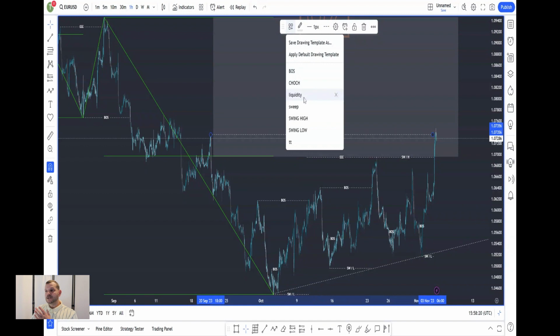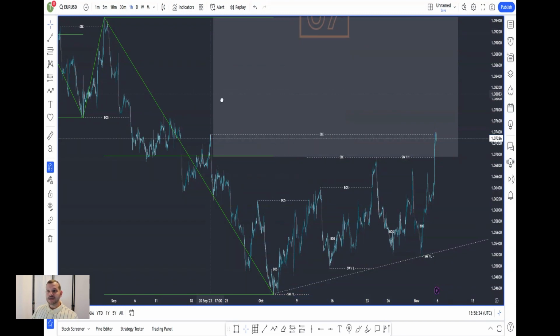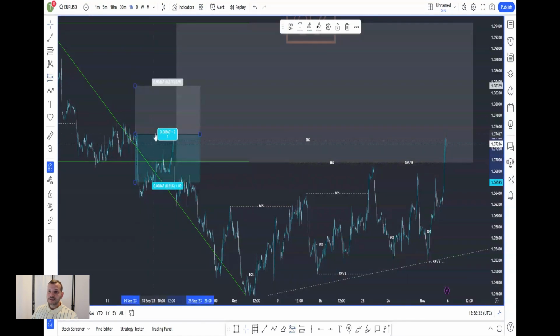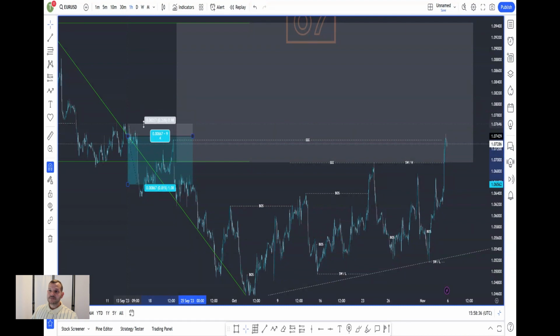So there's technically no excuse for us to go any higher unless we want to take more money off these people, because people will have stop losses above here. Like you might see, people will have stop losses tight to there.